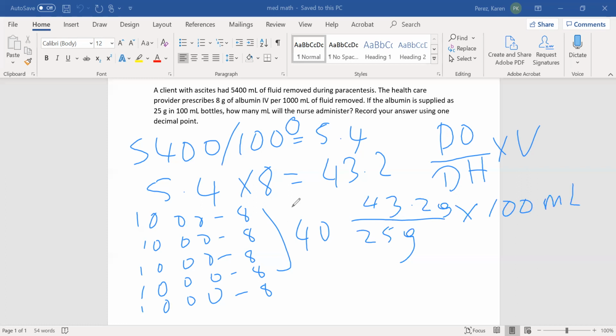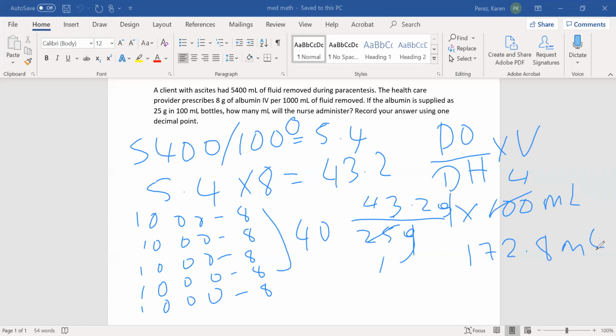So 25 goes into 100 four times. 4 times 43.2 is 172.8 mL. And I know it's mL because the gram canceled the gram.